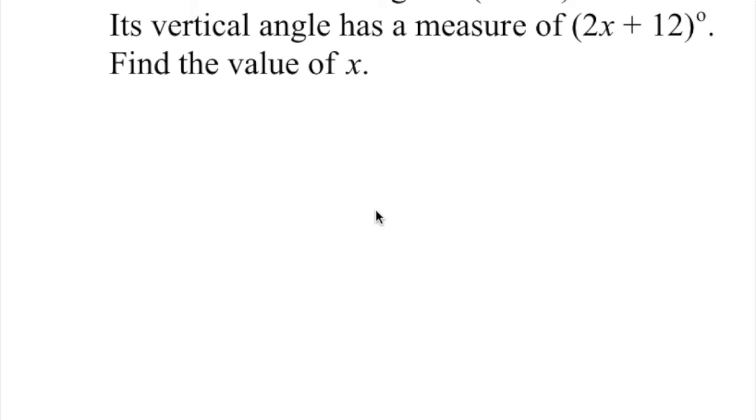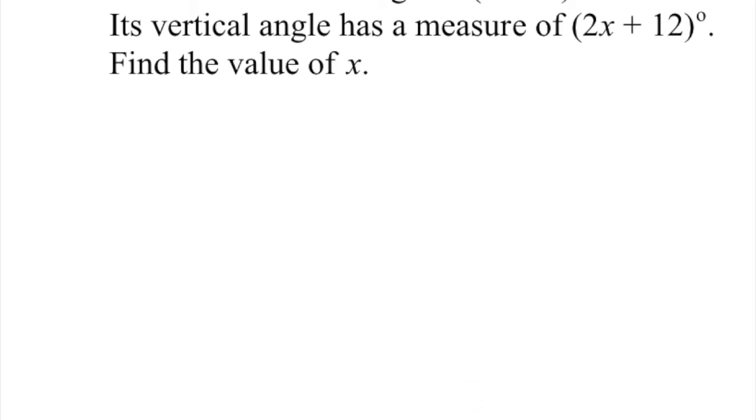In our next example, we are going to connect to an idea that you should have been exposed to in middle school, which is the idea of vertical angles. It says the measure of an angle is 5x minus 3 degrees. So this expression is representing the degree measure. Its vertical angle has a measure of 2x plus 12 degrees.